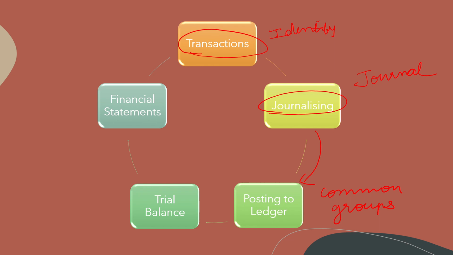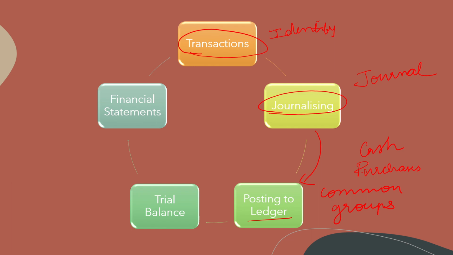So after journalizing, the next step is to sort all the transactions into their particular branches. For example, all the cash transactions shall be classified into the cash ledger, all the purchases shall be classified into purchases. Similarly, everything shall be classified in its own category. That step is called posting to the ledger.